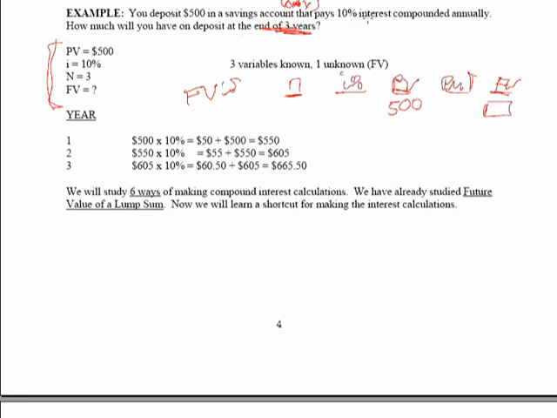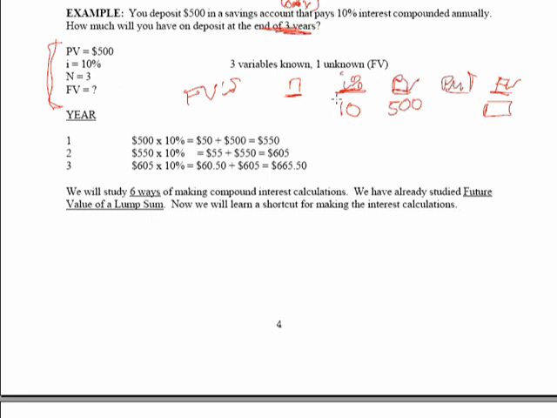Account that pays 10% interest compounded annually. So 10 is going to be my interest rate. And this is one of the things you'll have to check in your calculator. Most of the calculators that I've come across ask for the interest as a percent. When we did some of the formulas, we put the interest rate as a decimal, 0.10.